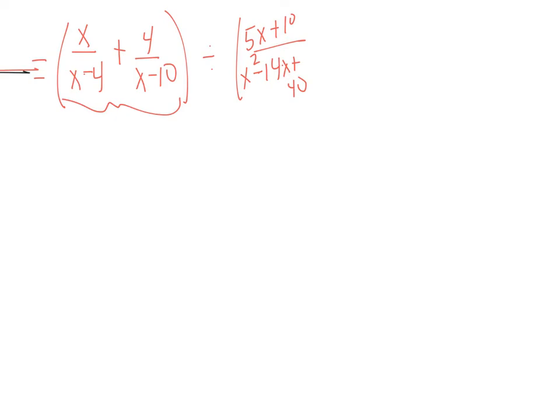So, for example, the first fraction needs x minus 10, so I'm going to multiply that on the top and the bottom. And the second fraction needs x minus 4, so I'm going to multiply that on the top and the bottom.